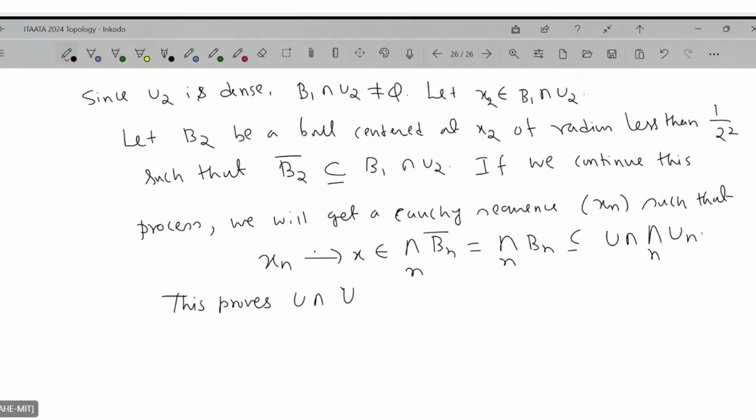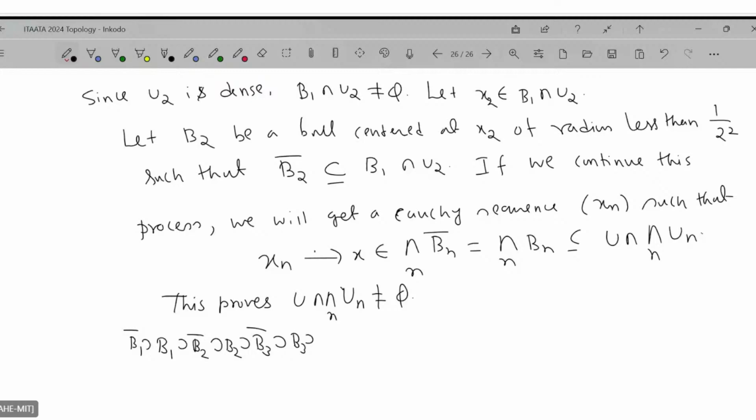So this proves that the intersection of Un is non-empty. Hence the intersection of Un is dense in X. The closure intersection is the same, because B1 contains the closure of B2. So B1 contains B2, B1 closure contains B1, and then contains B2, then B3, and like this.